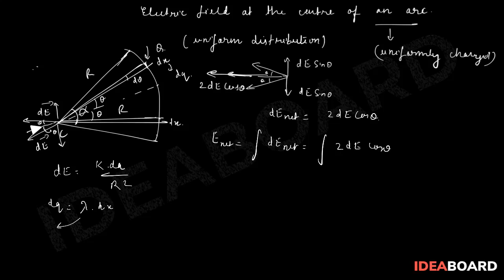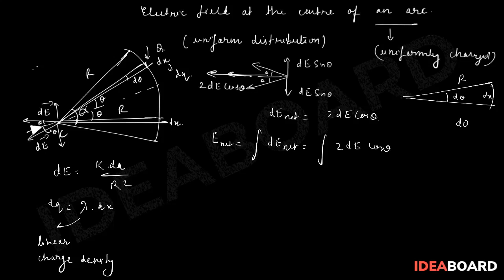This lambda will be linear charge density, correct? So now if you see this small element which subtends d theta angle, from here I can write d theta is equal to dx upon r. So from here dx will be equal to r d theta, correct?